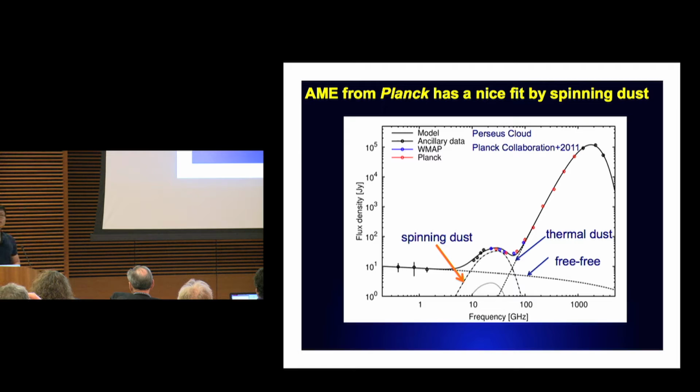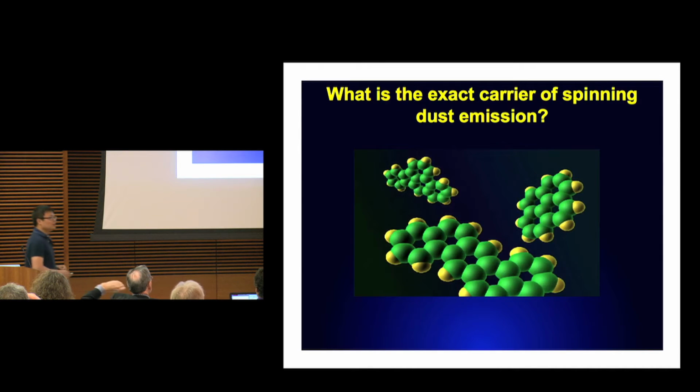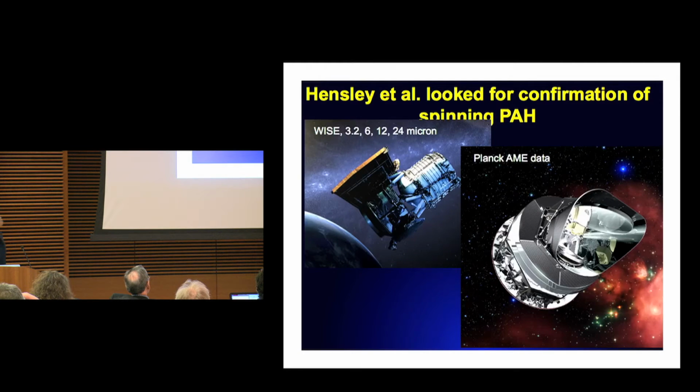The question is, what is the exact carrier of this emission component? Is the carrier polycyclic aromatic hydrocarbons or something else? Hoang and collaborators made a very important attempt to search for confirmation of PAH.